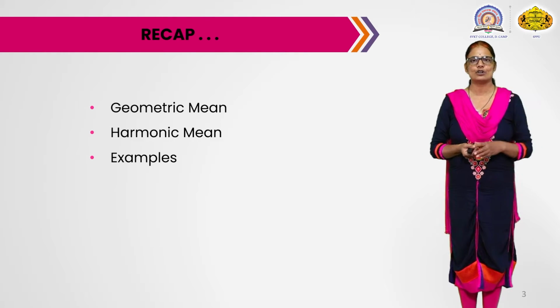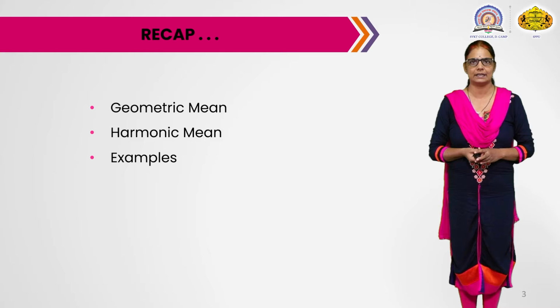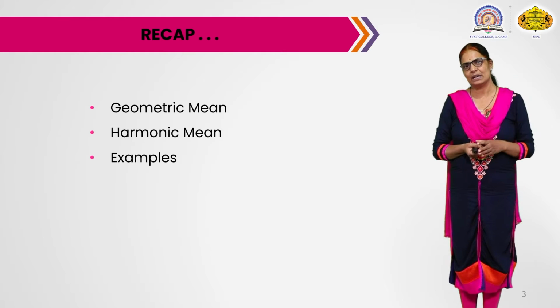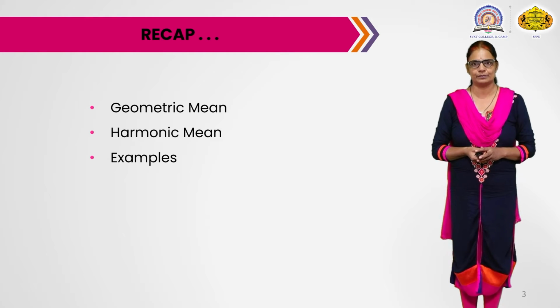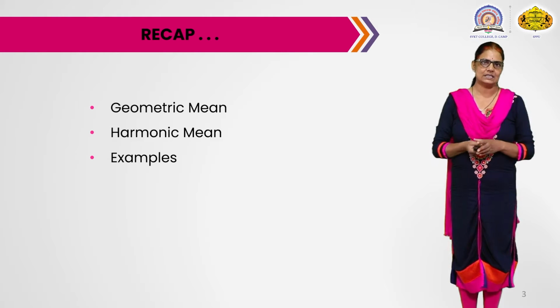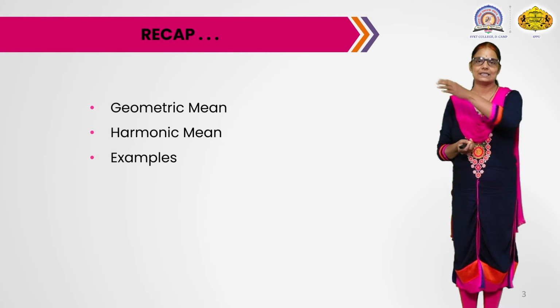If you consider the geometric mean of two numbers, it is the square root of the product a into b. That is, if a and b are the two numbers, then the geometric mean is (a into b) raised to half. Now we generalize this concept for n numbers. Suppose the numbers are x1, x2 up to xn.